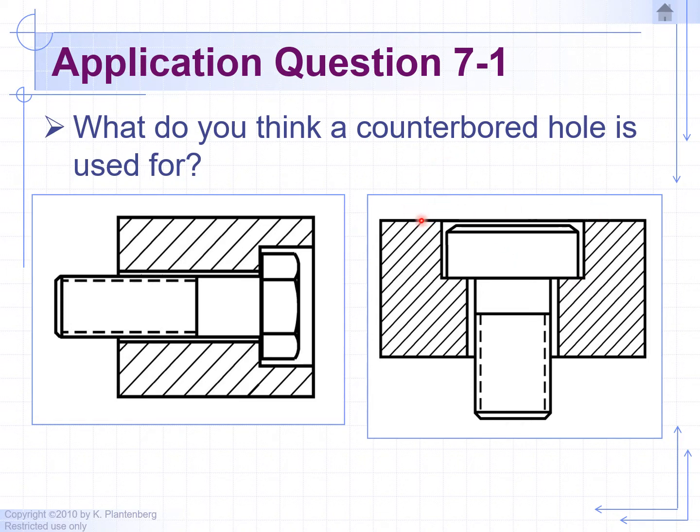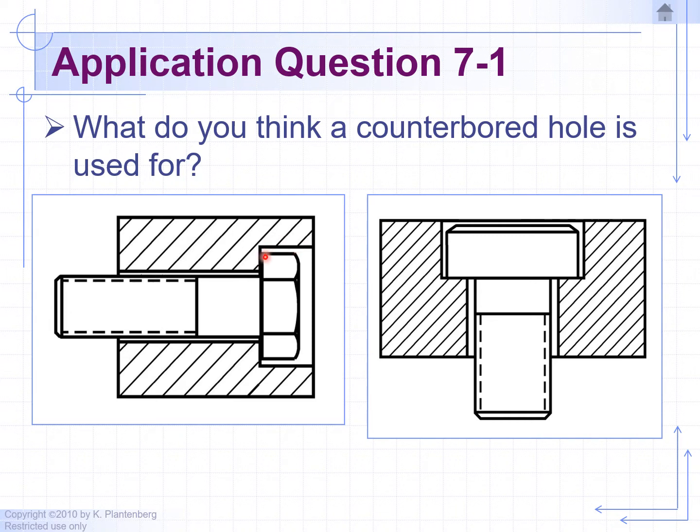And typically it's not a problem if a head of a bolt is sticking out, but if you're going to have parts or movement going on top, parts sliding along the top, or parts bolting onto this plate on the top, or maybe even a human movement over the top, you don't want somebody accidentally hitting the head of the bolt. So what you do is you do a counterbore hole to hide the head of the bolt. And typically you want the head to be slightly below the top surface of the plate.